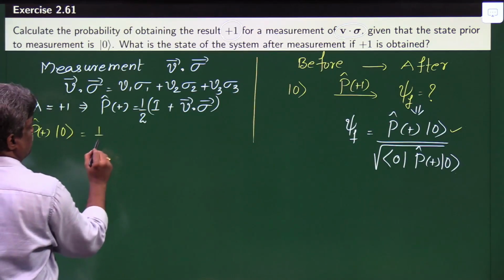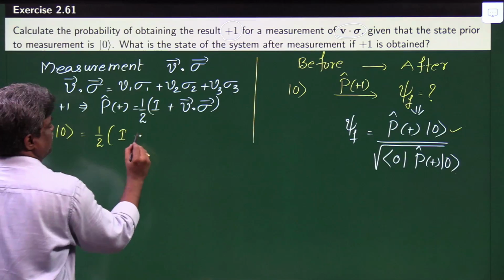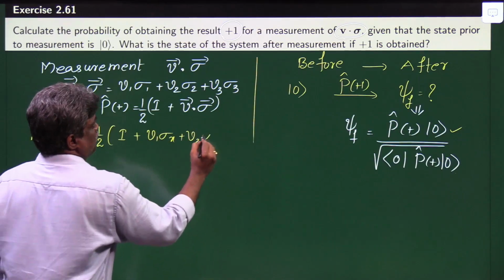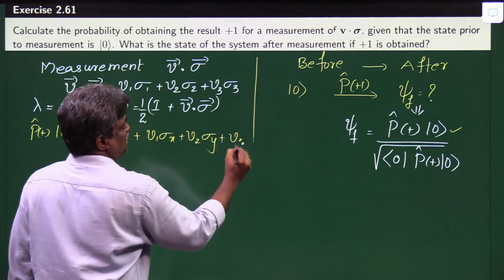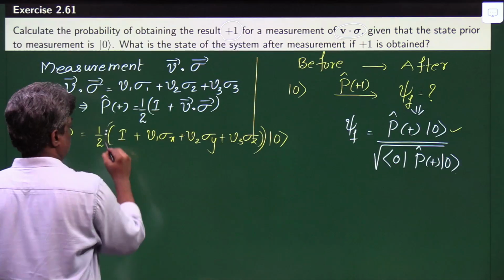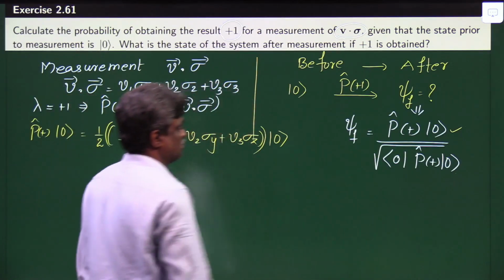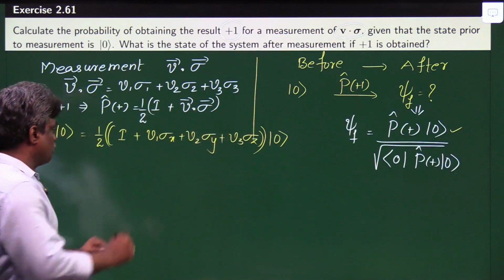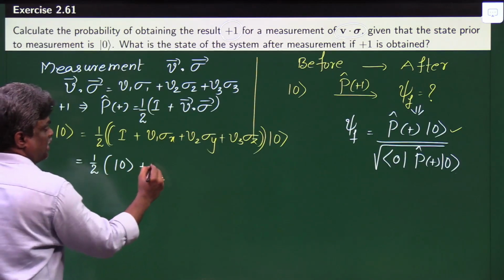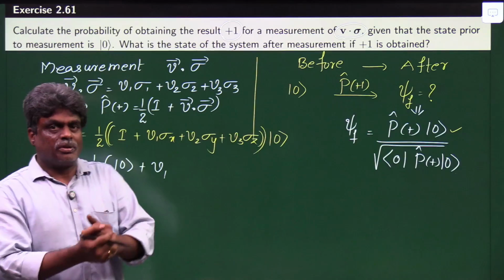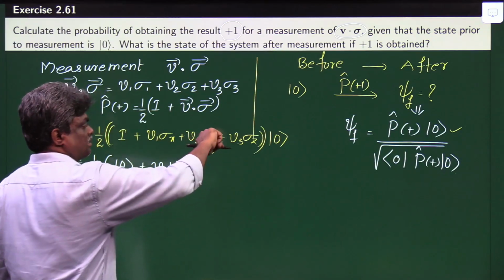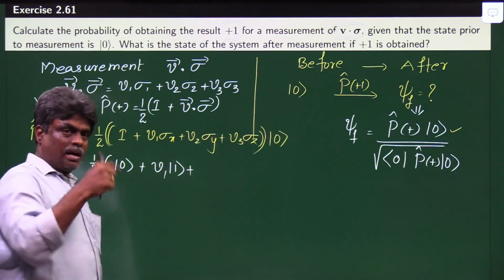So this is nothing but 1 by 2 (identity plus v1 sigma x plus v2 sigma y plus v3 sigma z) operating on |0>. Now if identity operates on |0>, you will get |0> only. And here, careful: sigma x operates on ket 0, you will get ket 1, plus sigma y operates on ket 0, you get i ket 1.